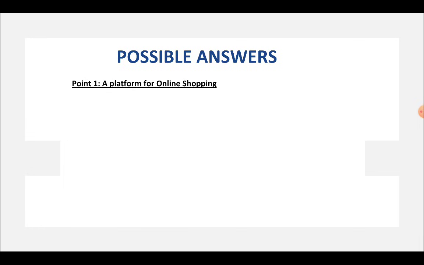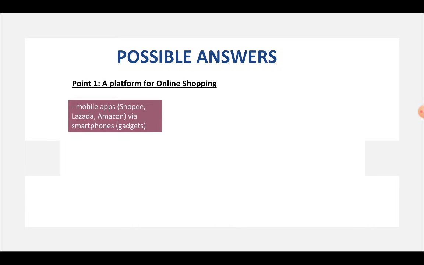The point here is a platform for online shopping. So explain what do you mean by that by providing elaboration and give specific example. Elaborate the example given and link it to the task assigned to you.